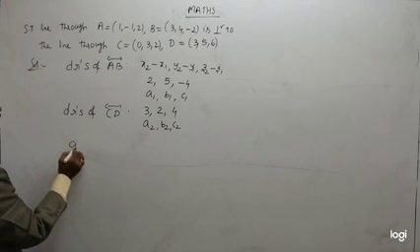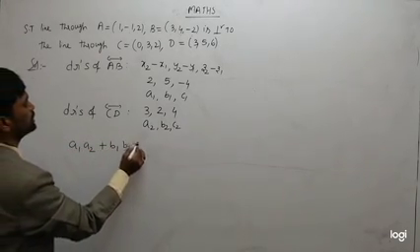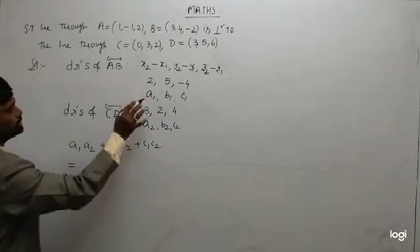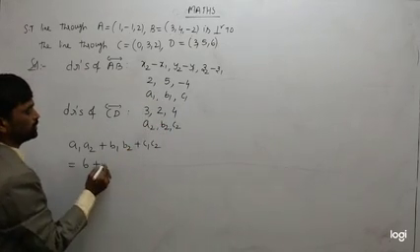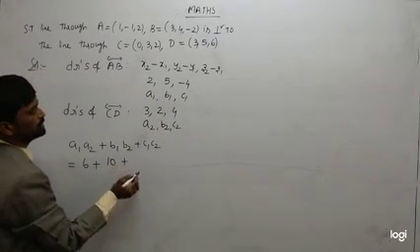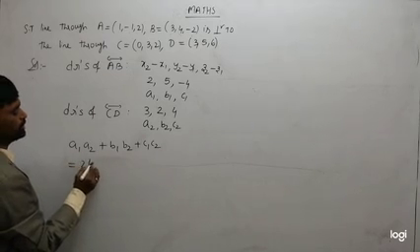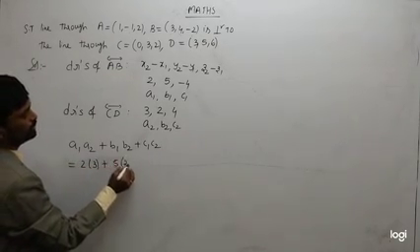Now calculate A1 A2 plus B1 B2 plus C1 C2. A1 A2, that is 2 into 3, 6, plus B1 B2, 5 into 2, 10, plus C1 C2.